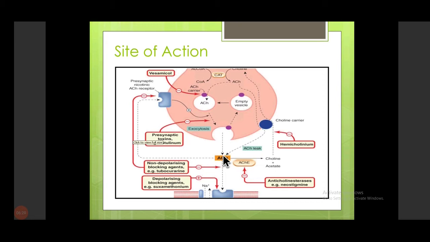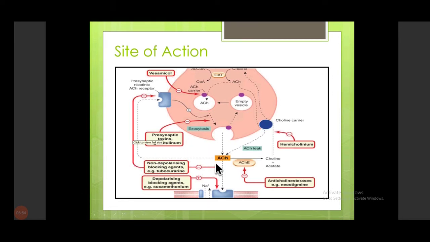In the case of skeletal muscle relaxants, they act on the NM receptor subtypes of the cholinergic receptor, that is, the cholinergic receptors present on the neuromuscular junction.